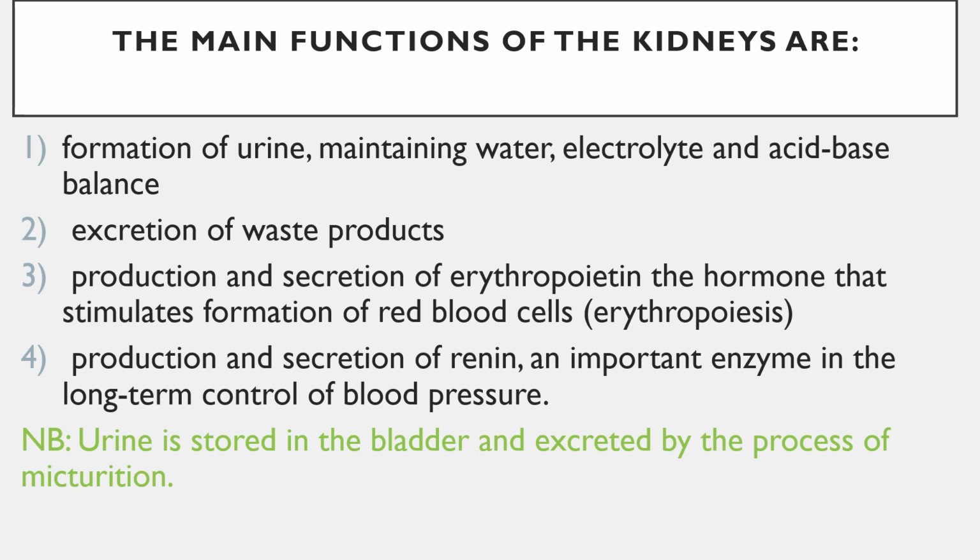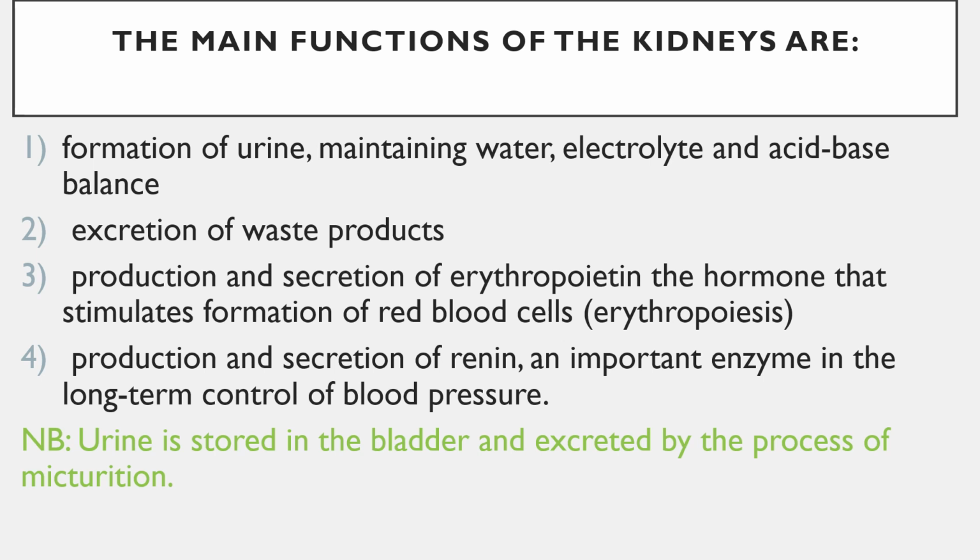So the first main function: the kidneys are involved in the formation of urine, and maintaining water, electrolyte, and acid-base balance. We already talked about that. The kidney will make sure it maintains homeostasis, which is the balance of body water.